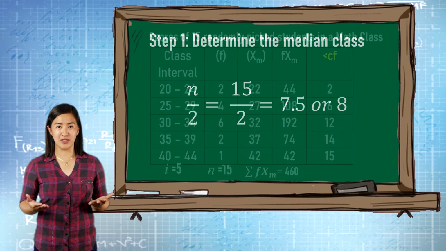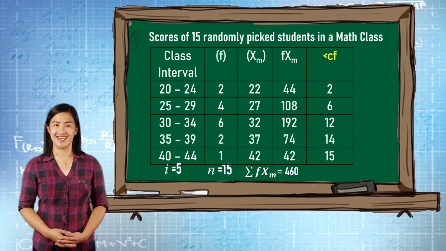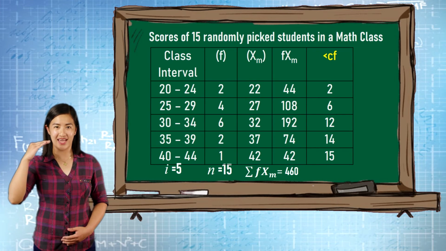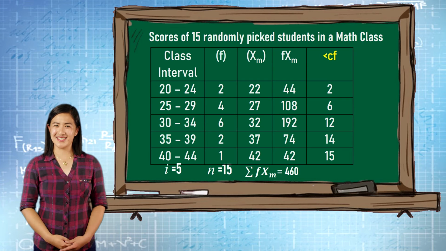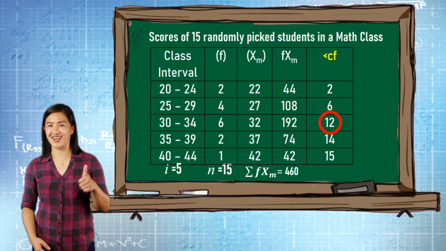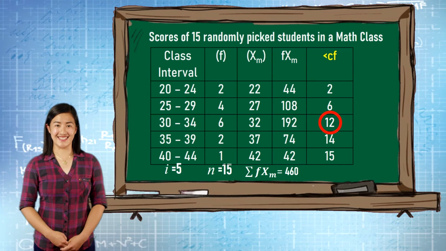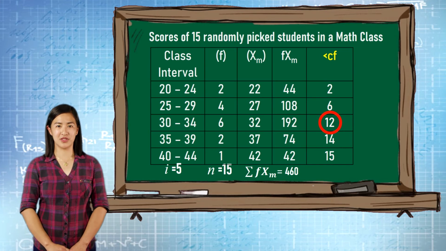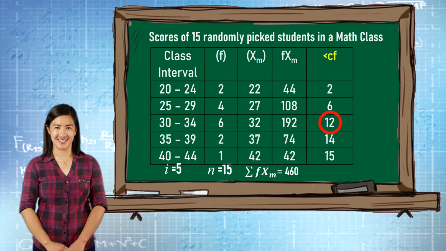We look at the column of cumulative frequency. Let's choose the number which is equal or greater than 8. What number is it? If your answer is 12, you are correct. Step 2. Determine the lower class boundary of the median class.